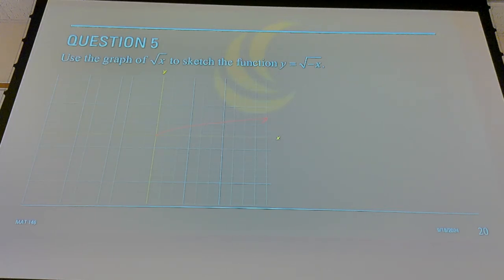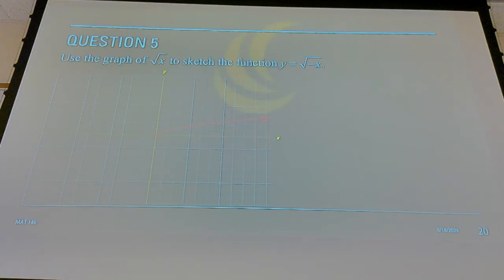Square root of negative x. What's going to happen? You'll be on a negative input, right? So what's going to happen?